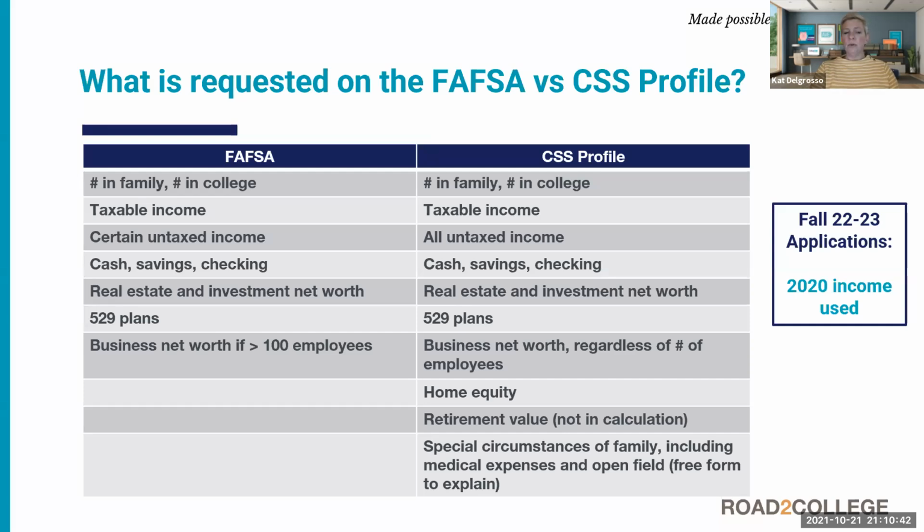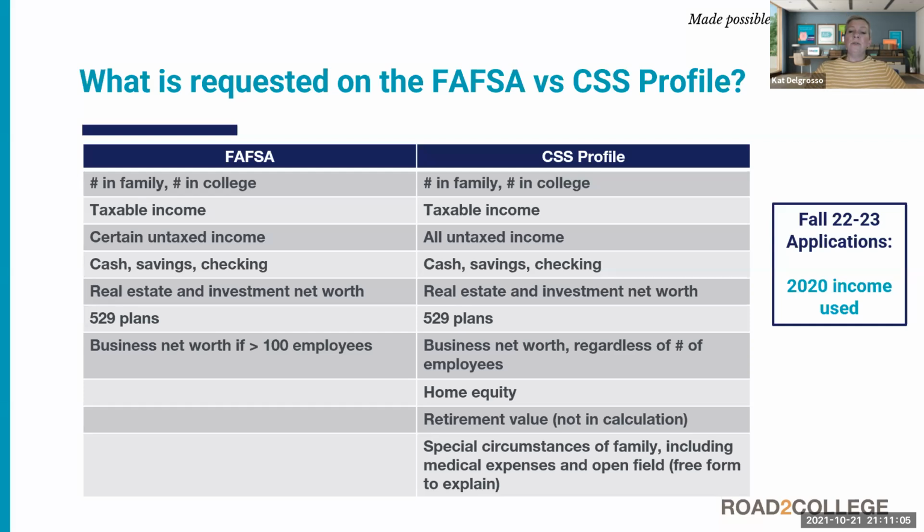I did reference this when that person asked a question earlier. The business net worth is a big difference, because if you have even one employee, if you're just an employee of one, you've got your own business, then you have to list your net worth. But on the FAFSA, you really only have to list your net worth if you've got more than 100 employees. The profile's got the home equity on it.